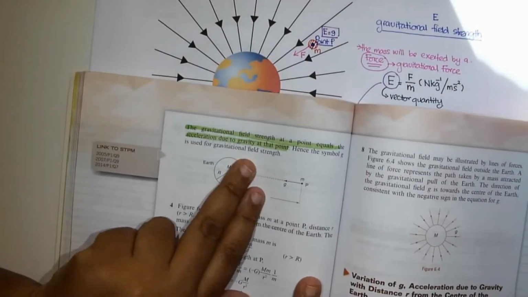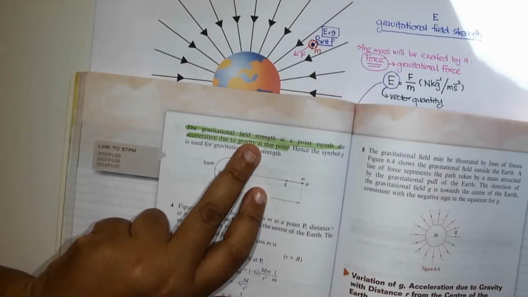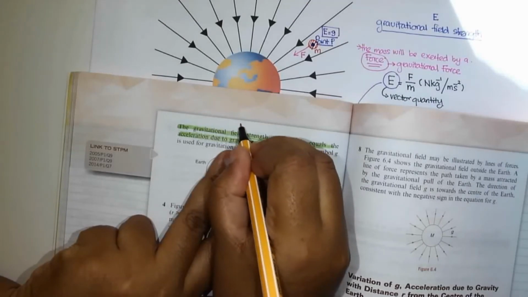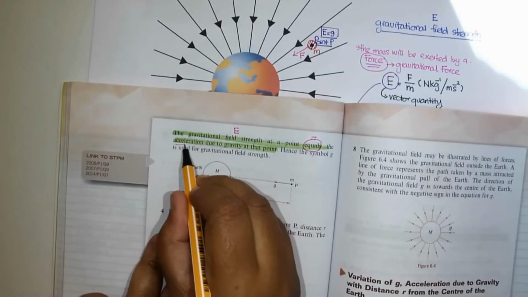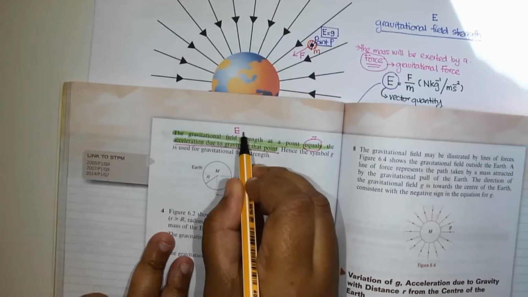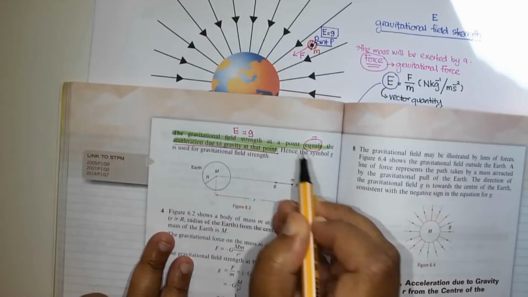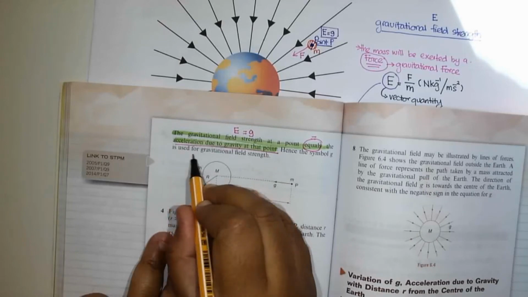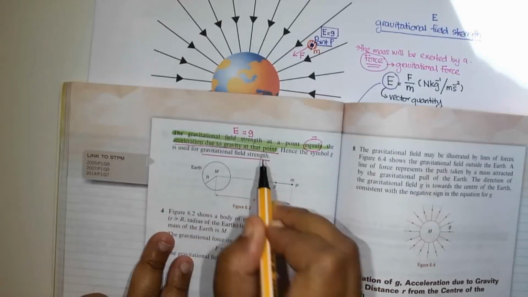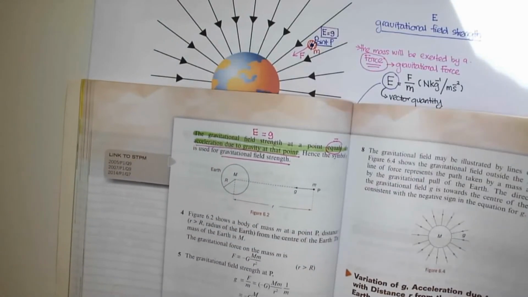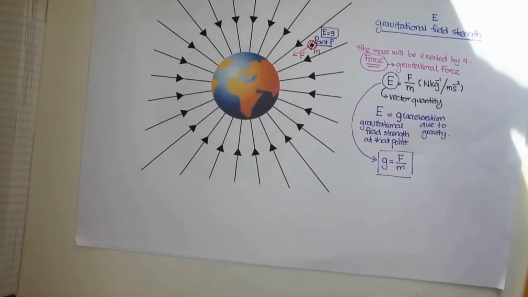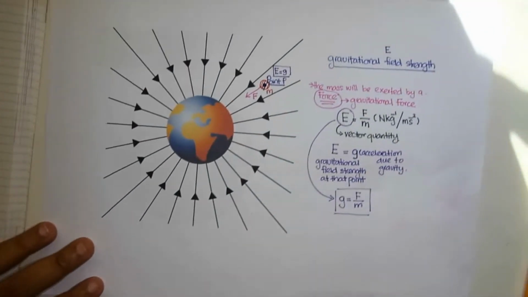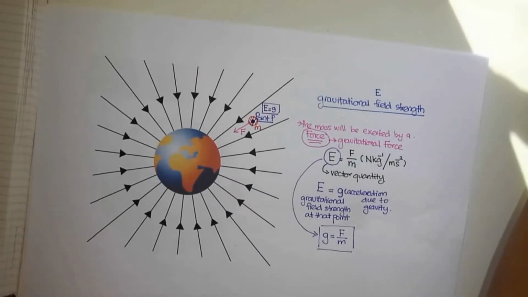Because the concept says the gravitational field strength at a point equals the acceleration due to gravity at that point. So E is equal to g, hence the symbol g is used for gravitational field strength. Because they are similar values, they use the same symbol.